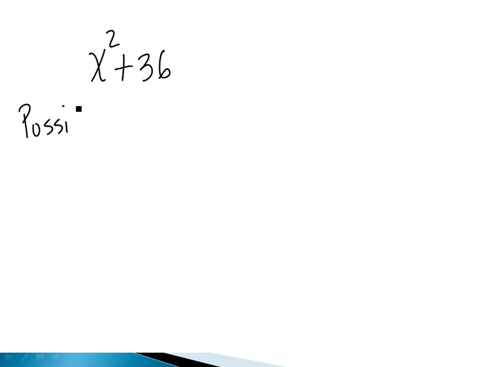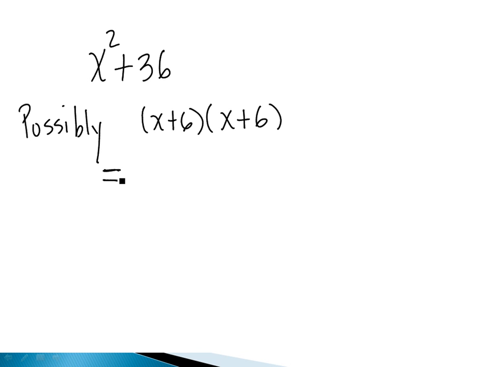Possibly the factors could be x plus 6 times x plus 6. Sounds good, but once you multiply this to prove that these are the factors, you will realize that they are not the factors. Since, let's do the distributive property or FOIL method, x times x is x squared.